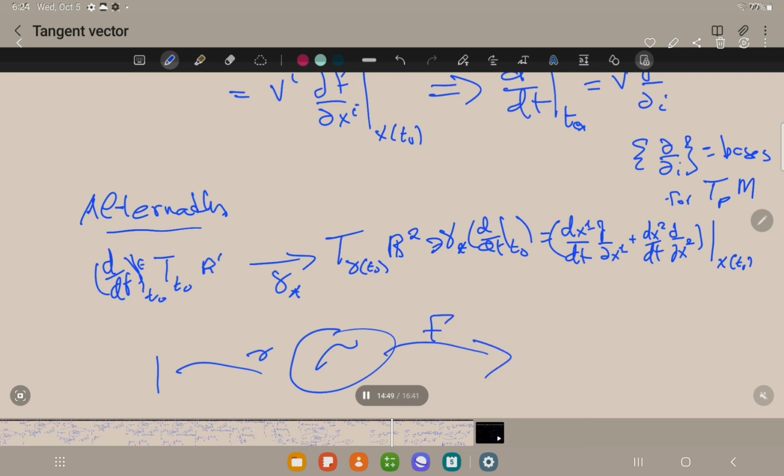And so now you could apply that linear operator directly on f here.